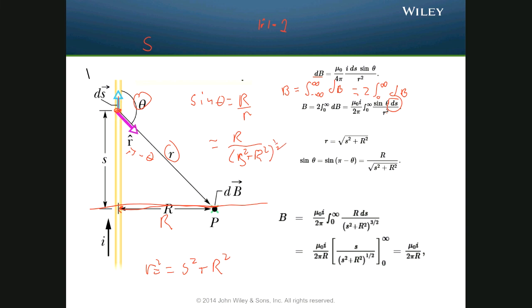Now, as bad as these two things look, when we plug them into our equation for B, that integral is pretty difficult. But it makes everything in terms of a constant that's not changing and the one dynamic integration variable we have.